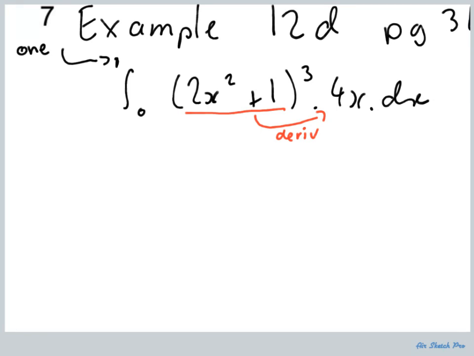I'm going to go through it properly. Let u equal 2x squared plus 1. Therefore, du by dx is equal to 4x.